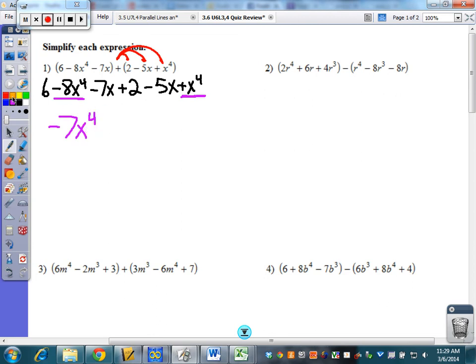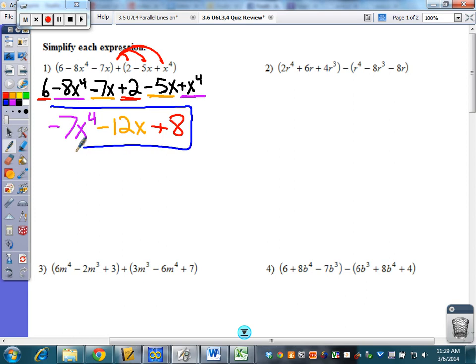Now we have a negative 7x minus a 5x, which gives us a negative 12x. And then last, we have 6 plus 2, which gives us 8. And so this is going to be our answer. We can't combine any more like terms because this is an x to the fourth, this is an x, and this is a constant.